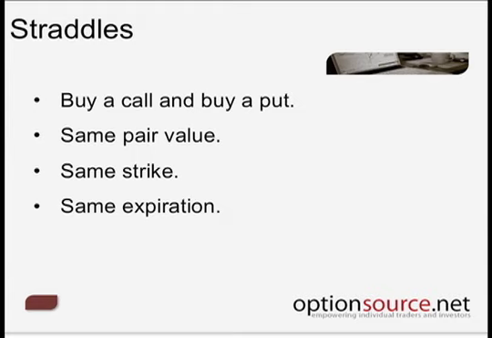But keep in mind that you don't have to limit yourself to using the same expiration date. What we've been very successful at doing is applying the same rationale, buying a call and buying a put option. Let's say we're longer-term bullish.